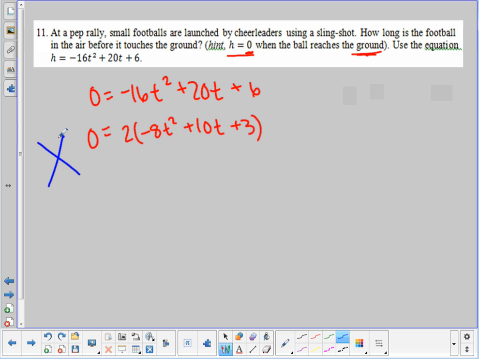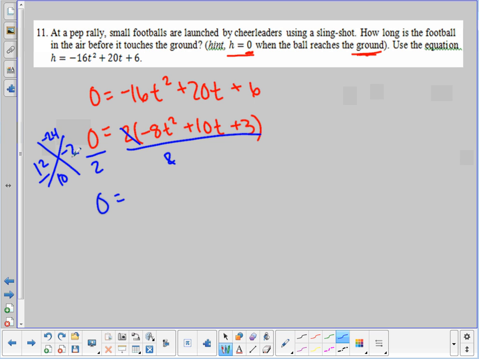Negative 8 times 3 is negative 24. Middle term, positive 10. That means I'm looking for a 12 and negative 2. Remember that when we divide by that 2 that's out front, our 0 doesn't change. So I'm just going to get rid of that 2 and ignore it because it doesn't have a t with it, so I'm not worried.